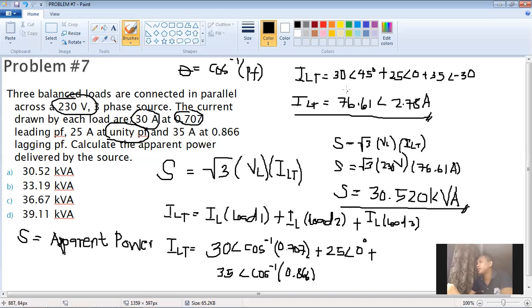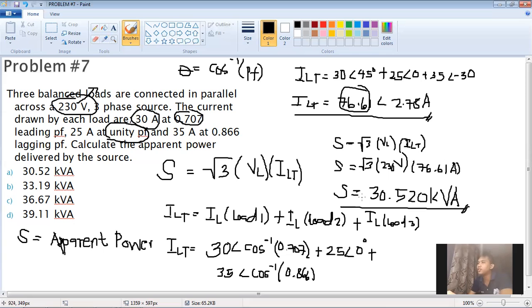Since we now have the current for LT, we can get the apparent power. Apparent power is equal to square root of 3 times VL times ILT. So apparent power is equal to square root of 3 times the source voltage of 230 volts, this is our VL, times the current in LT, which is 76.61 amperes.